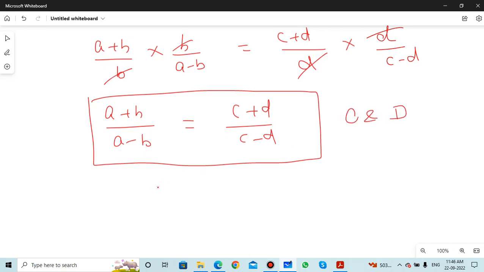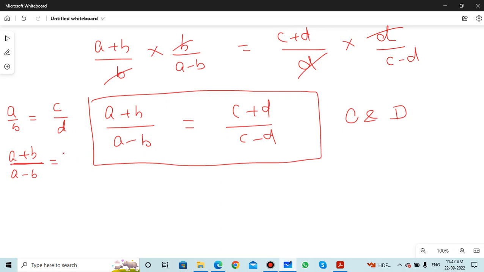So what does it mean if the ratio is A is to B is equal to C is to D? You write A plus B, and below that A minus B. It is basically numerator plus denominator at the numerator, and numerator minus denominator at the denominator, and it happens on both sides.